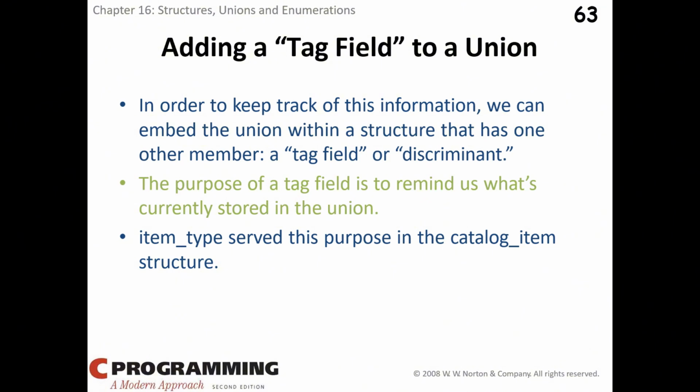For instance, consider the item type member within the catalog item structure that we had previously. This member serves precisely as a tag field that fulfills the role of indicating the type of data currently held within the union. By embedding the union within a structure containing a tag field, we can have a structured approach to manage the information within the union.